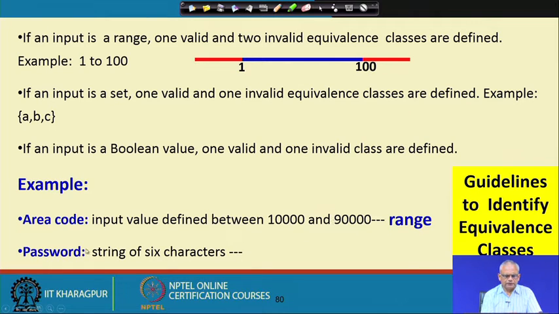Now, let us look at another one. A function, let us say, takes a password. Let us say the function is login and it takes a password, and the password consists of a string of 6 characters. Now, what will be the equivalence classes here? It is crucial to recognize that a string of 6 characters is actually a set.